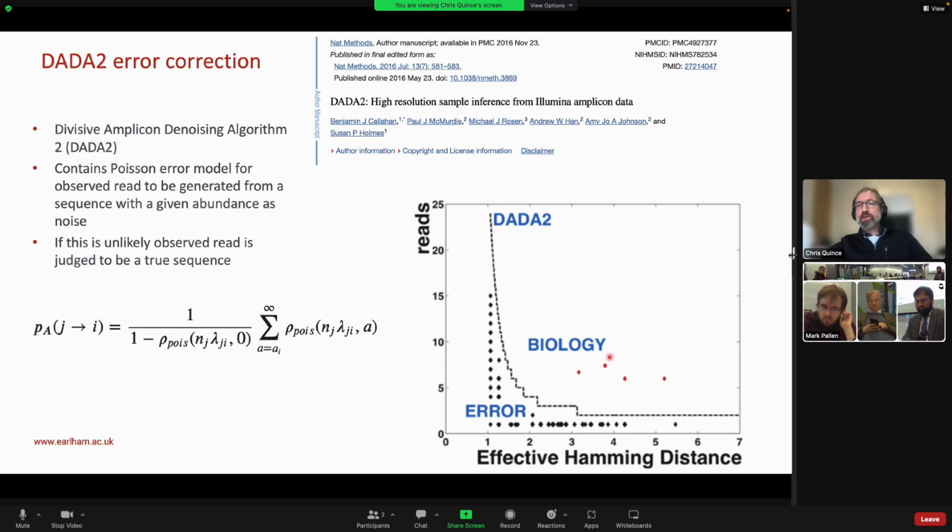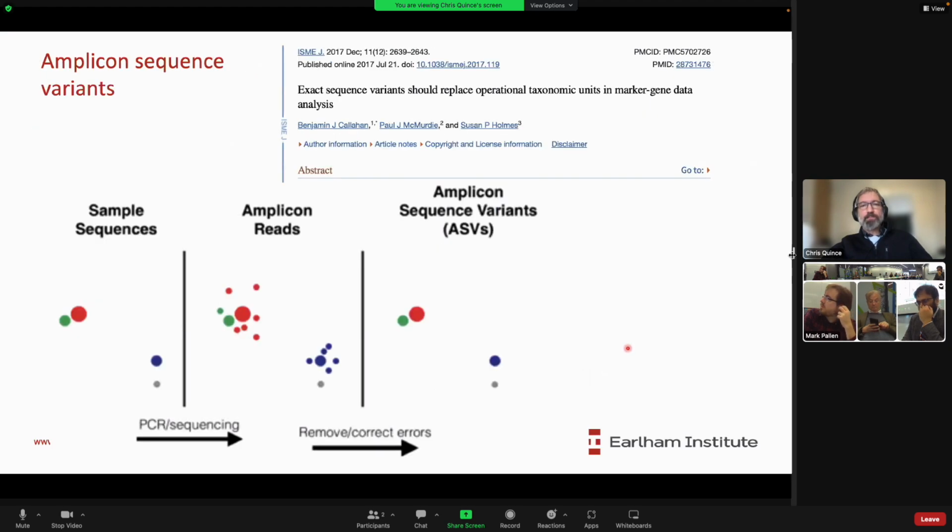So these red dots correspond to actual other true sequences in the sample. But it can't work with singletons. It basically ignores all singletons. And actually that will mean that for low depth sequencing, you'll probably underestimate the true diversity using DADA.